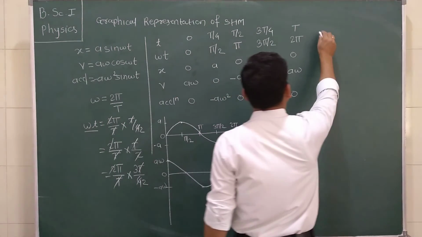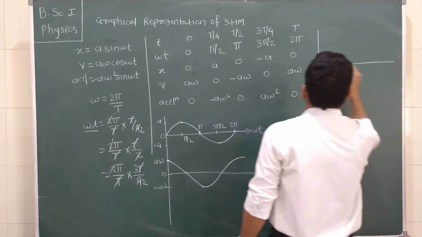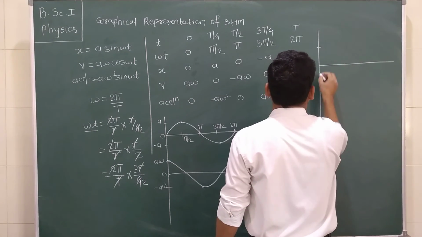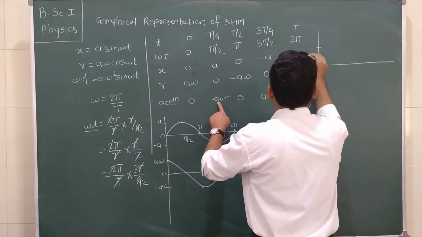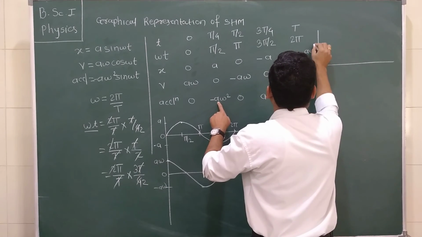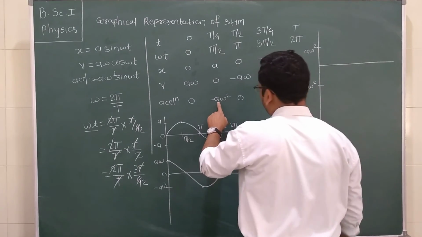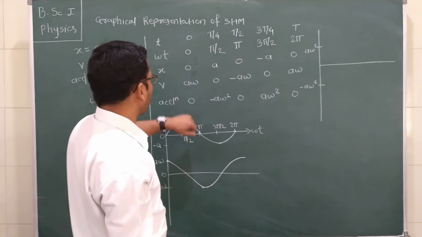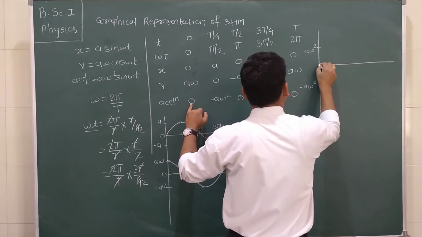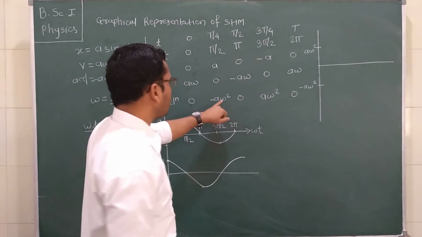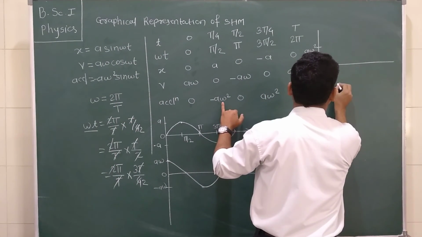And now we can draw the graph for the acceleration, where the values of acceleration range from minus a omega square to a omega square. So we can write here a omega square positive, and this is the negative value, minus a omega square. So at omega t equal to 0, acceleration is equal to 0, so the motion is starting from here. Then it is equal to minus a omega square, so we can draw a point here.